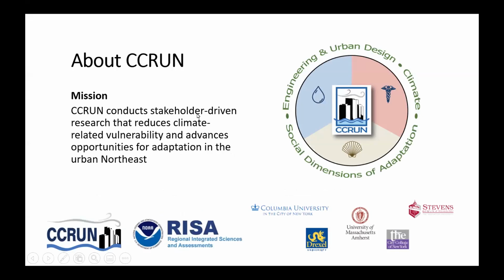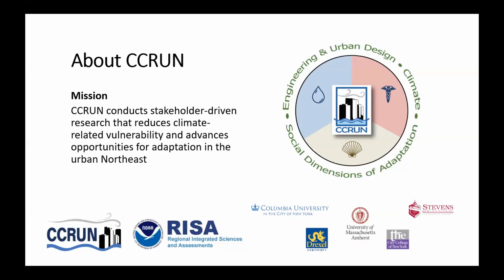Okay, this webinar is part of a series being organized by CC Run, the Consortium for Climate Risks in the Urban Northeast. We are a consortium of 5 universities funded by NOAA to conduct stakeholder-driven research focusing on the climate change impacts in the urban corridor spanning approximately from Philadelphia up to Boston, but working with our neighbors to the south, MARISA, which is the Mid-Atlantic RISA.